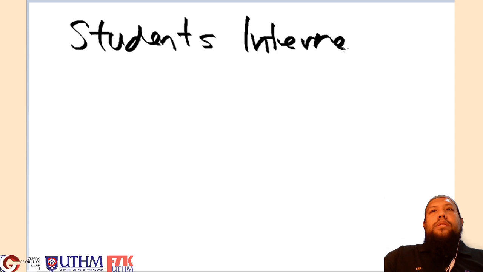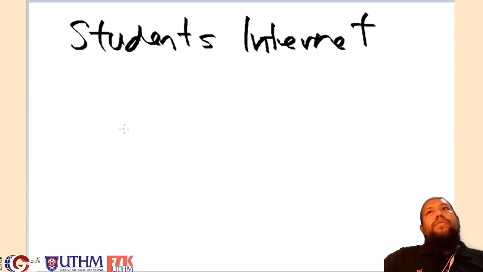Because it goes both ways. If some of our students have a slow internet connection, we cannot use a delivery method that requires a lot of bandwidth. For example, if we want to use video conferencing, it's not fair to the students who have weaker internet connections.